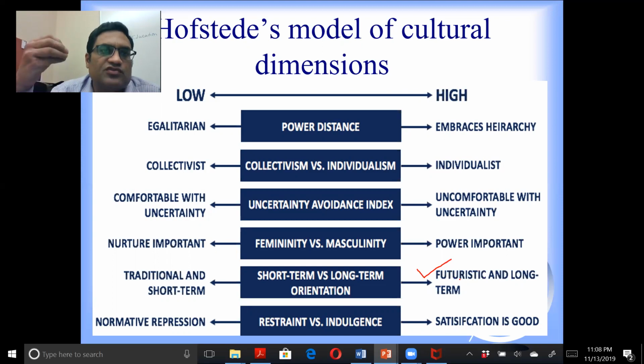So when you're pitching services, mine is Houston Children's Hospital, I'm going to market my services as beneficial to the children in the long run, because this is for the longevity and better health of the children. So you're looking at these cultural dimensions and how they apply to your company.